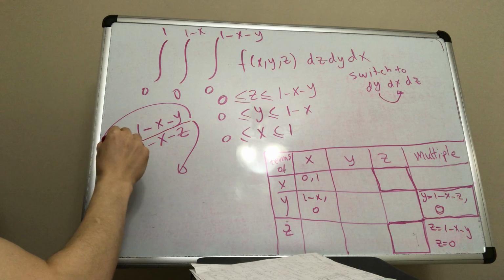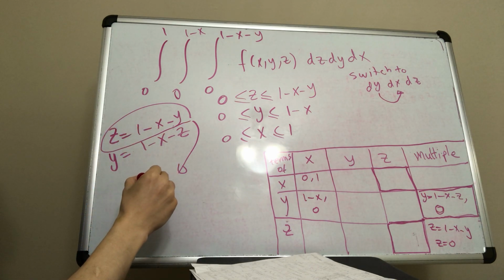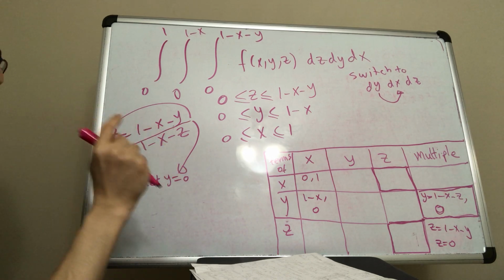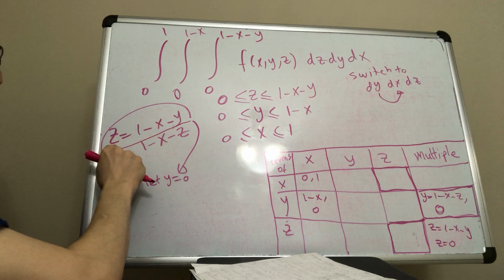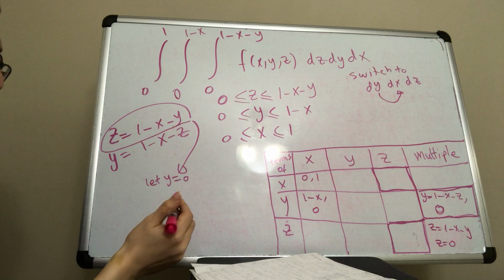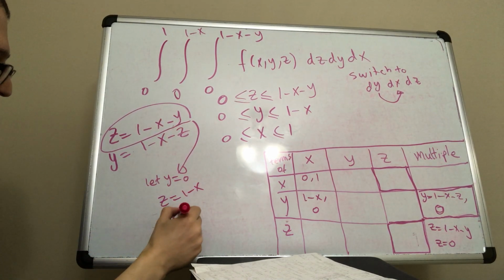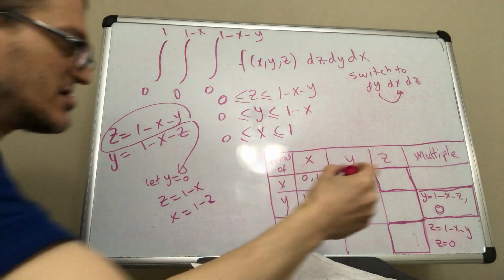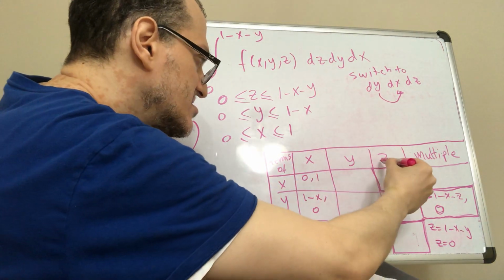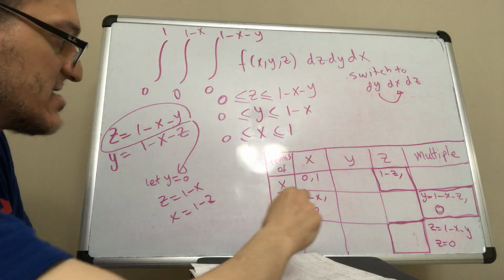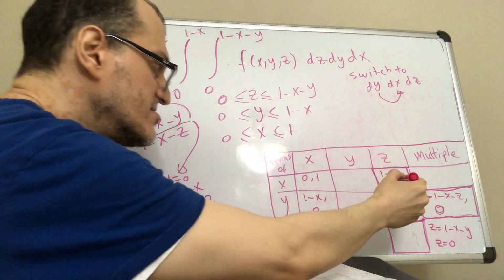But since I need x in terms of z, I don't need y, so I set y to 0. Then x equals 1 minus z. So I know now that x in terms of z is 1 minus z, and x can go down to 0.